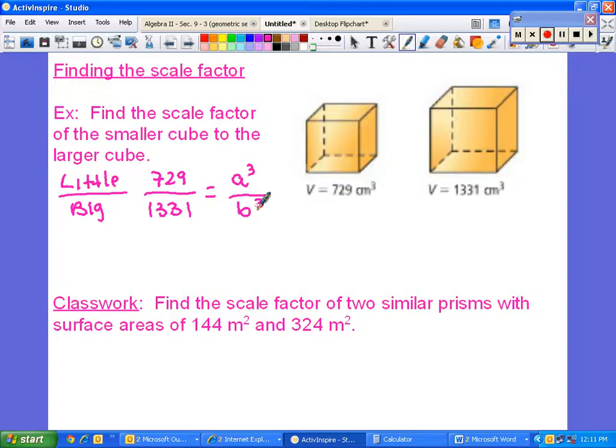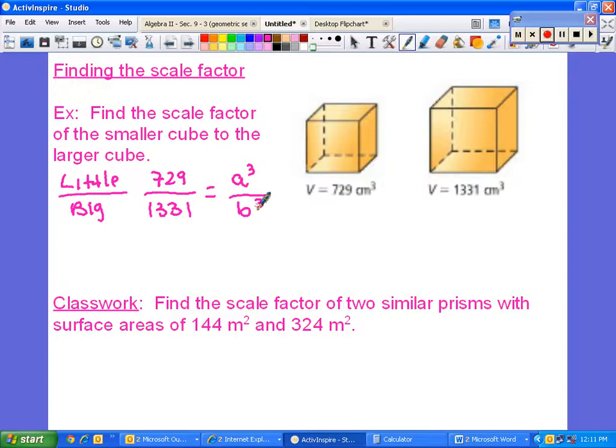If I had something squared in the Pythagorean theorem, how did I find that value? Find the square root. So if I had something raised to the second power, I found the square root. What if I have something raised to the third power? The cube root. So all I have to do is find the cube root.